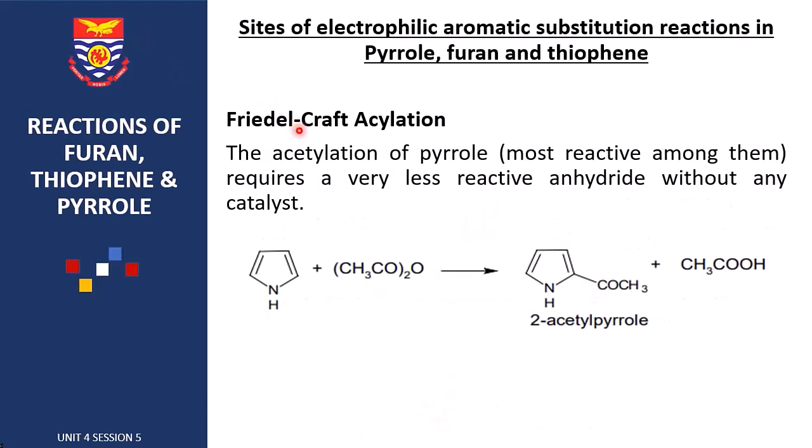Now, for the Friedel-Crafts acylation of pyrrole, because pyrrole happens to be the most reactive among the three, it requires a very less reactive acid anhydride, even without the presence of a catalyst, to produce the acetylated product.